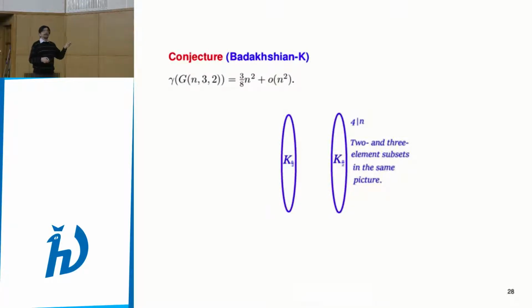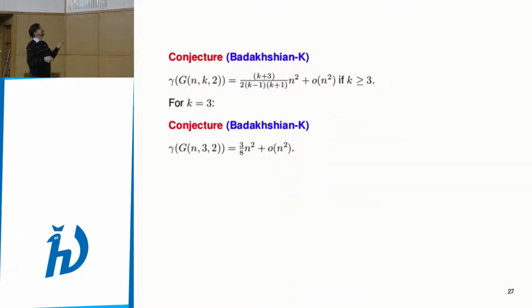So if we substitute in the formula k equals 3, then we obtain this constant. Oh, you suggest to go there? Oh, I see. I didn't see it. Yeah, that was the problem.